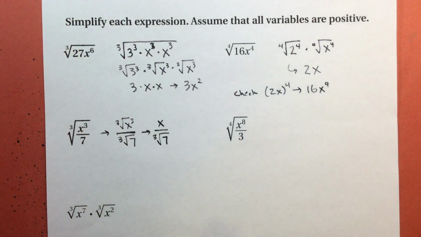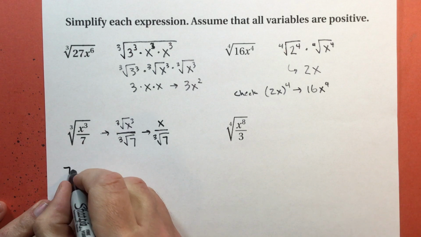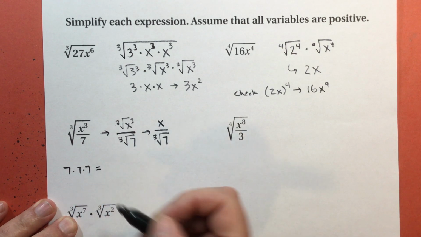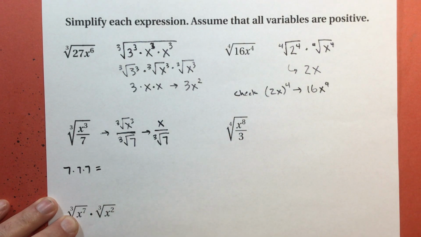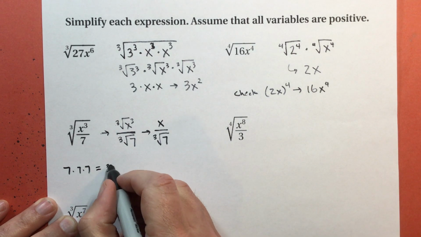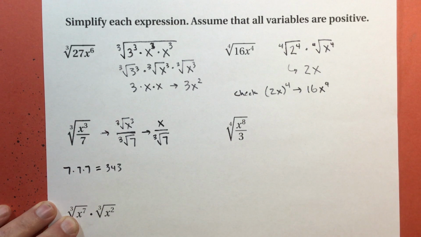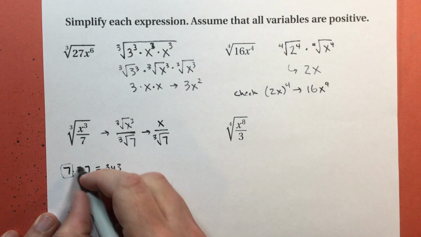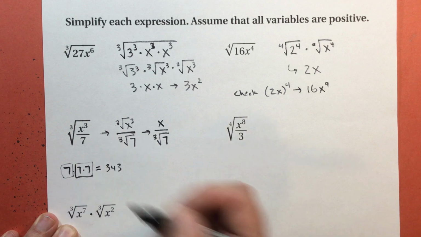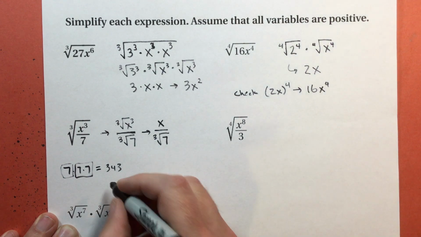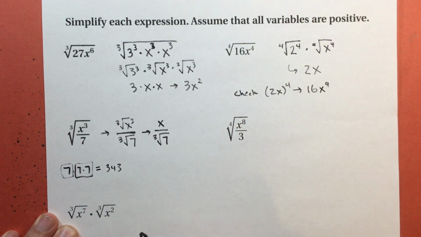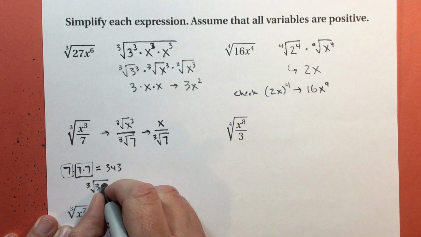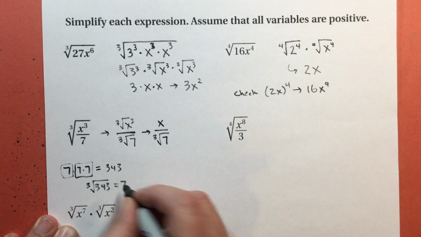All right, so I know that 7 times 7 times 7 equals 49 times 7, which is 343. But now check this out. If I break this into two parts, and then if I take the cube root of 343, then that's going to give me my 7, okay?